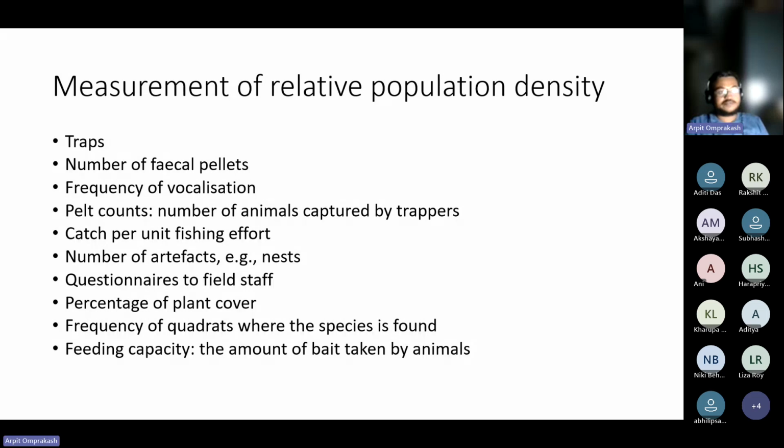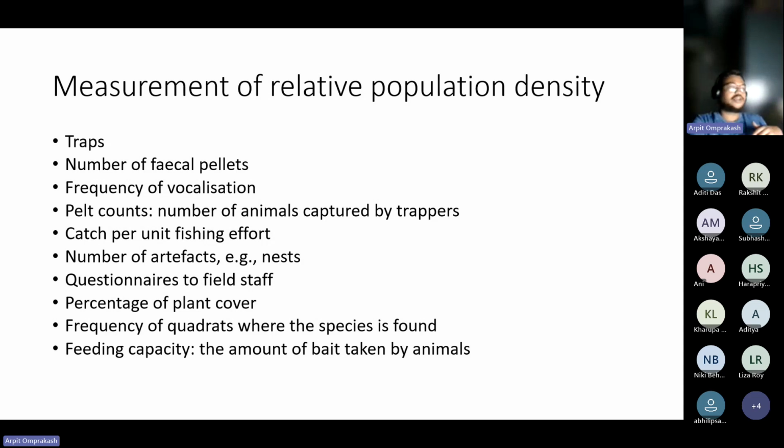We can use the number of fecal pellets present in a given area. We can look at the frequency of vocalization of animals in a given area compared to another area. More vocalization means more animals are present in that area. Then pelt counts, then the number of fishes that you're catching per unit of fishing effort.